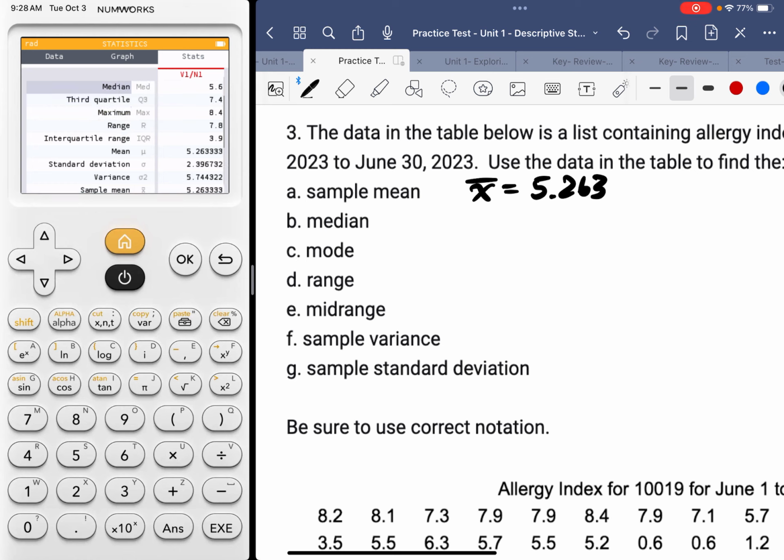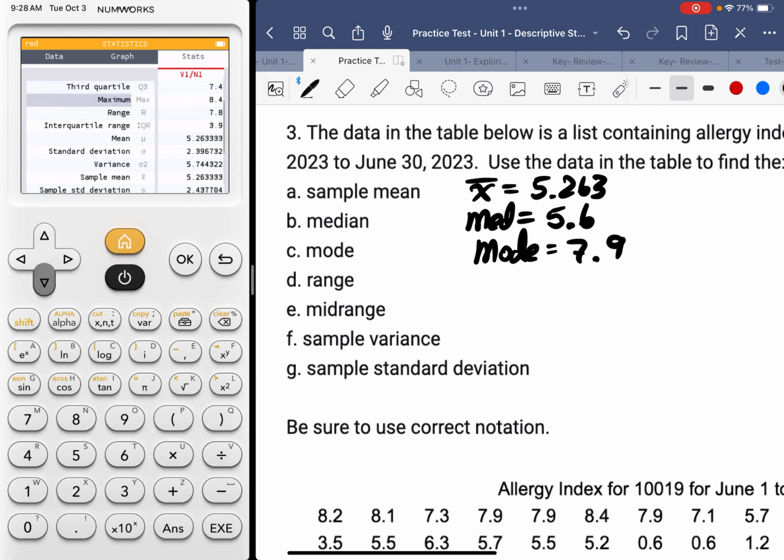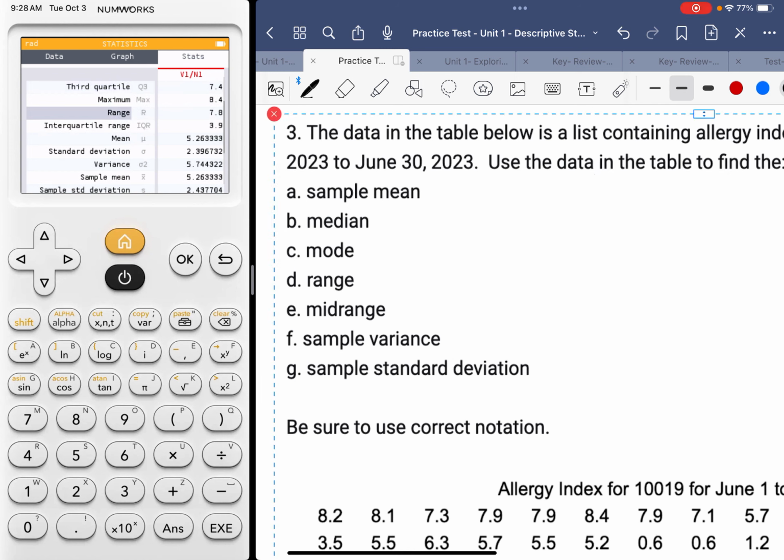The median, 5.6. Mode all the way down, 7.9. The range, whoa.